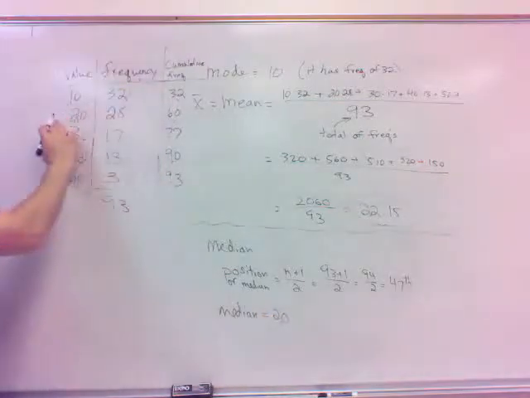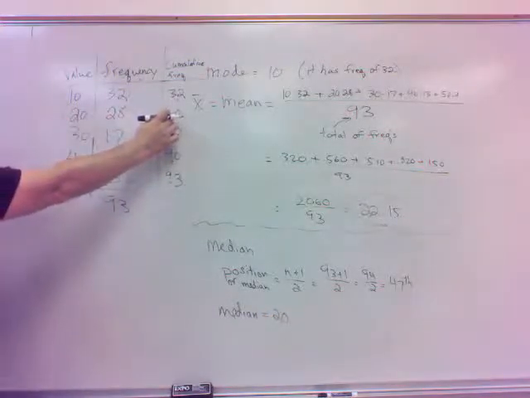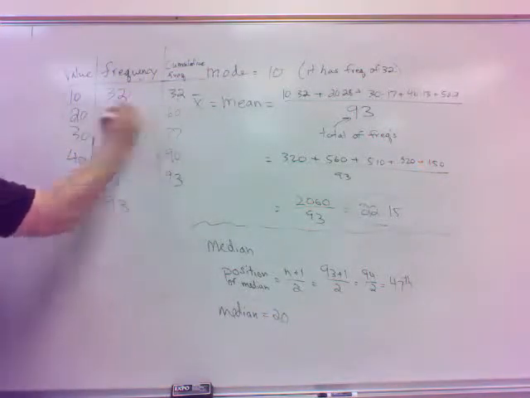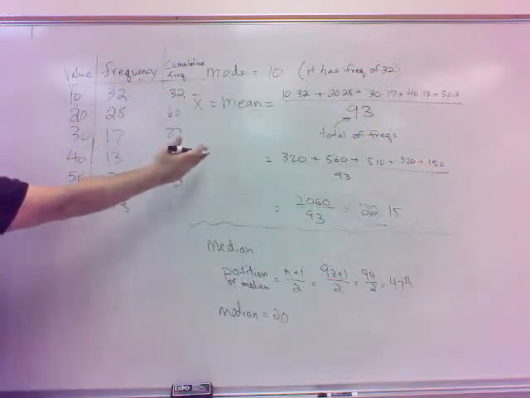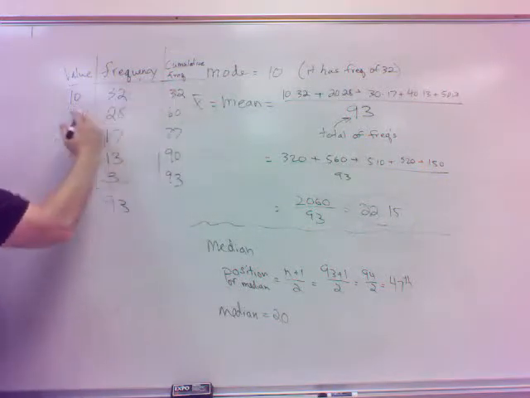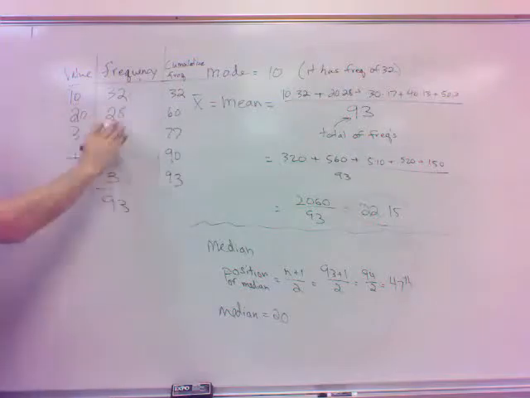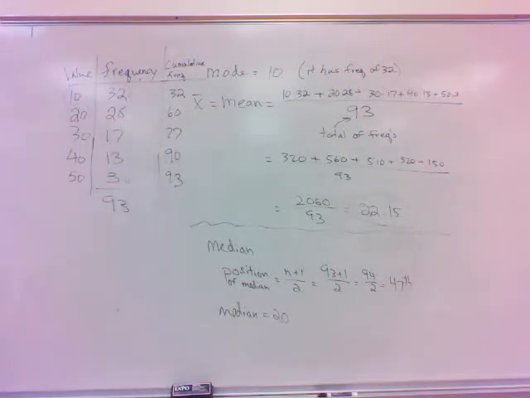Because this means that the last 20 is in the 60th slot. Well, the first 20 is in the 33rd, one more than the 32nd. So the 20s would range from the 33rd to the 60th slot. That would include the 47th slot, wouldn't it?